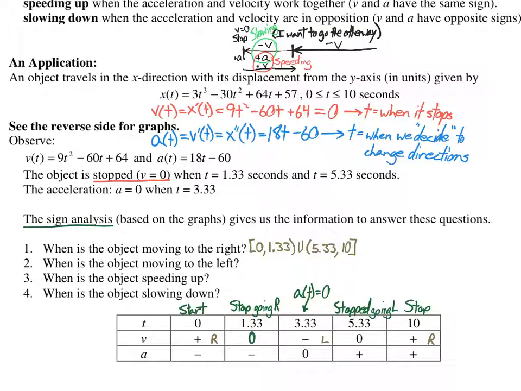When are we moving to the left? From 1.33 up to 5.33. And I'm going to use parentheses on both of those.